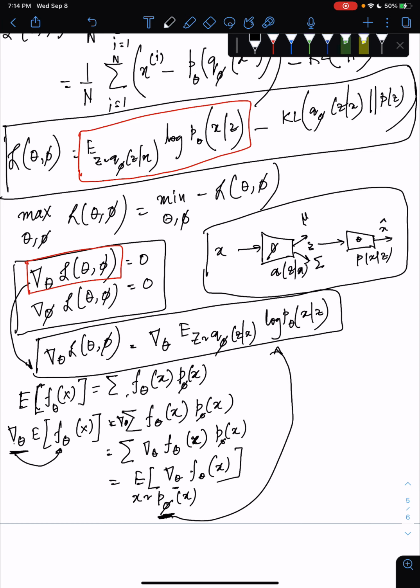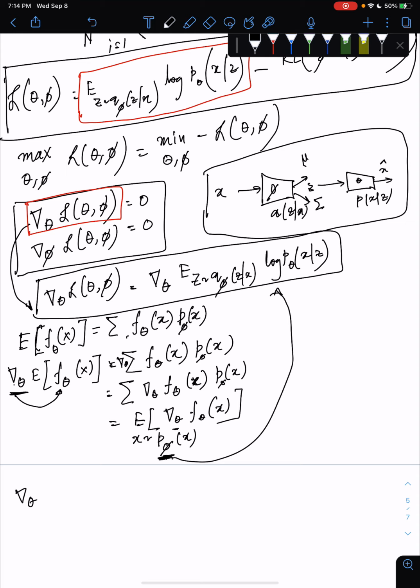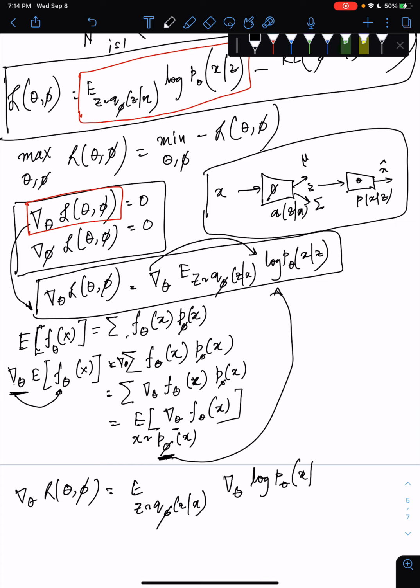Now I can write the gradient of L theta phi. I can push this gradient inside of it. So this is grad theta log p theta of x.